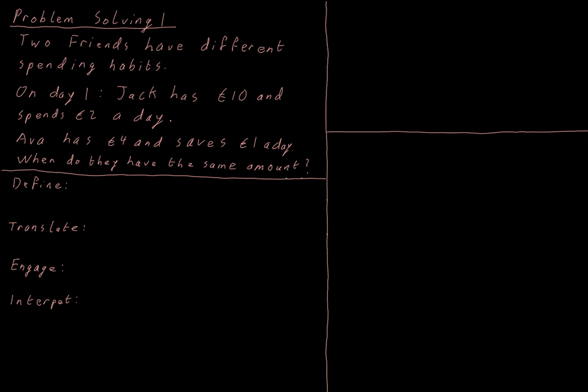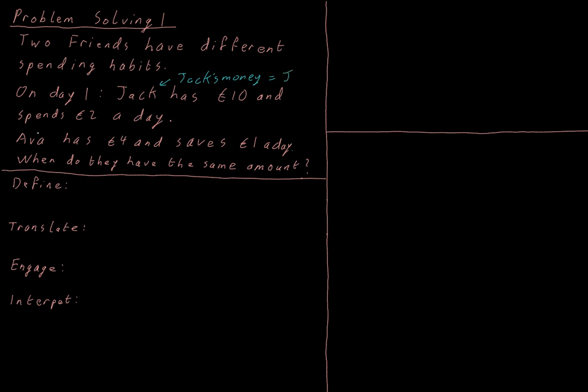Well, the first thing we need to do is be very clear for ourselves. What are we being asked? What is the thing we're actually looking for? And we're asked, when do they have the same amount of money? So Jack's money, I'm going to call J so that I can keep track of it more easily.